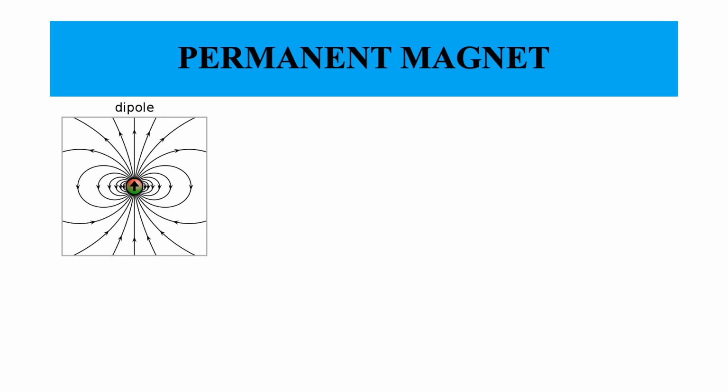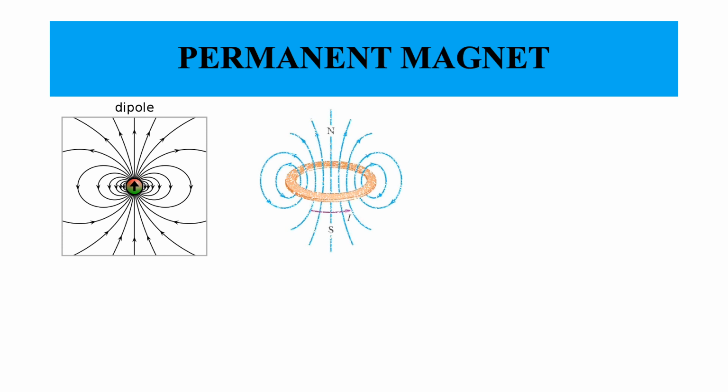Interestingly, the same situation actually occurred for the wire carrying a current I. Again, the far field was essentially given by the same expression, the same as that of the dipole.